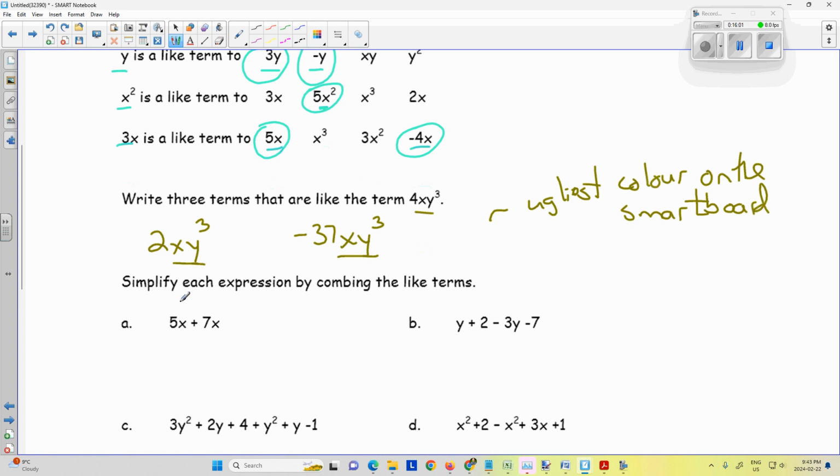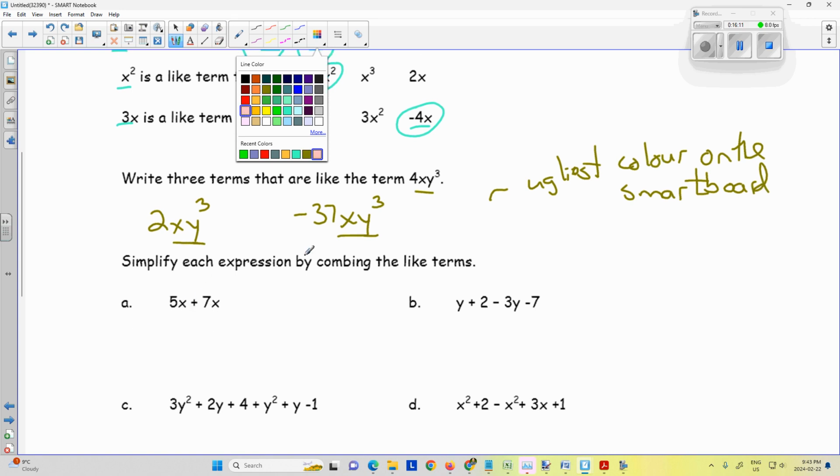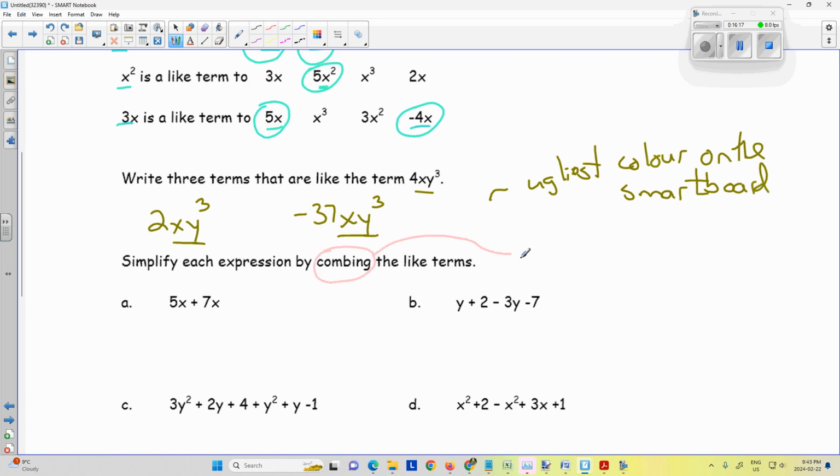We're going to look at these next ones. We're going to try to simplify these. So we're going to simplify each expression by combining like terms. Sorry, typo here. And we know that like terms need to have the same letter part.